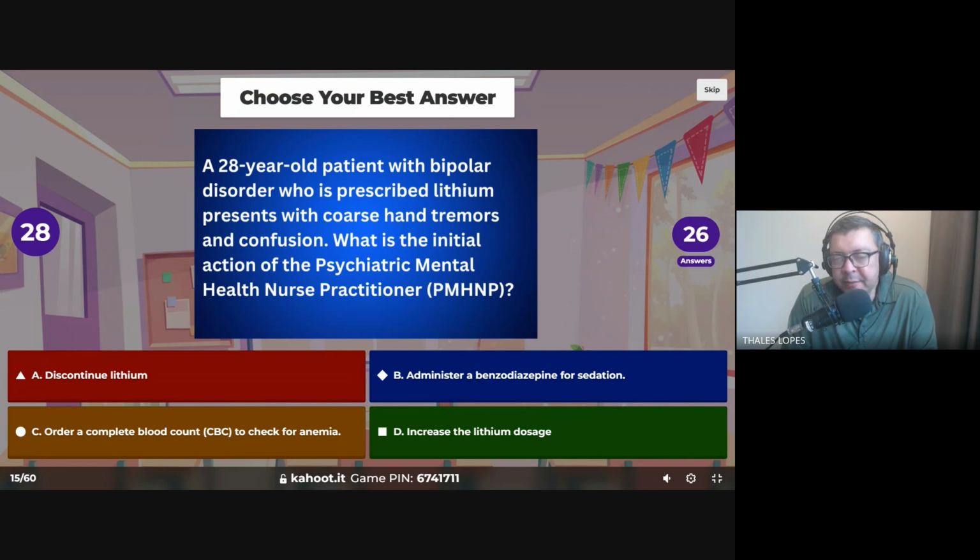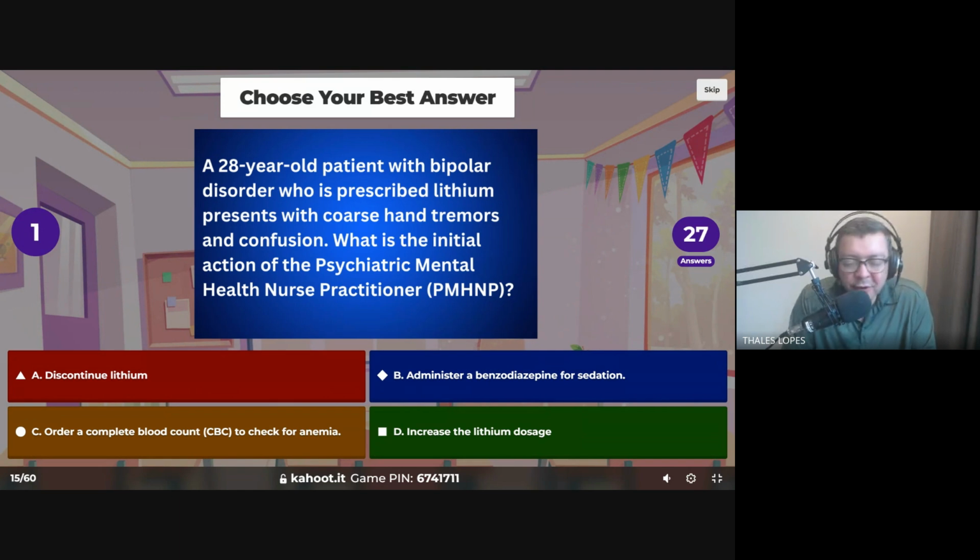So anytime you see, for any medication, a toxicity level, what would you do first? Anytime you see a toxicity level for any medication, your first action is to discontinue the med.